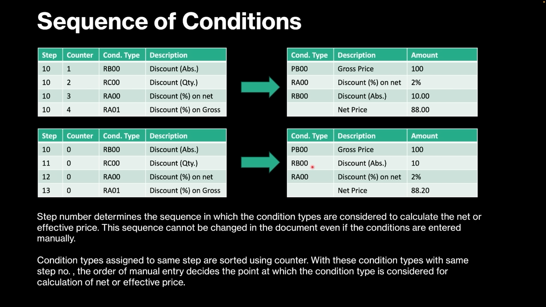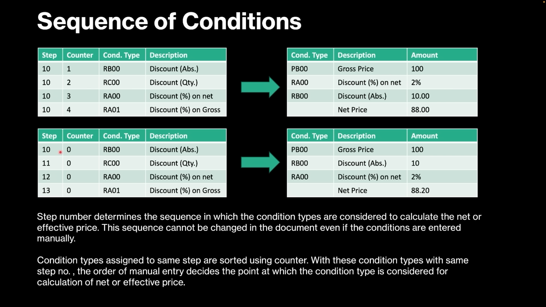So this RB00 will come first as per this step 10 and RA00 will come second as per this step 12. Similar to the above case, this particular RA00 was entered before RB00, but the system sorted them as per the steps which are there in the pricing procedure.